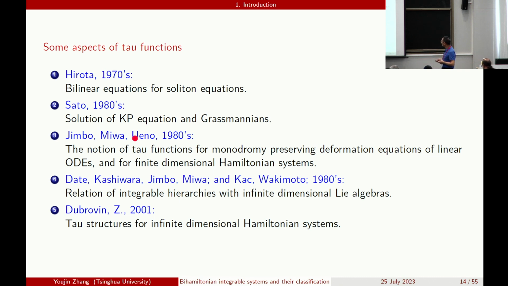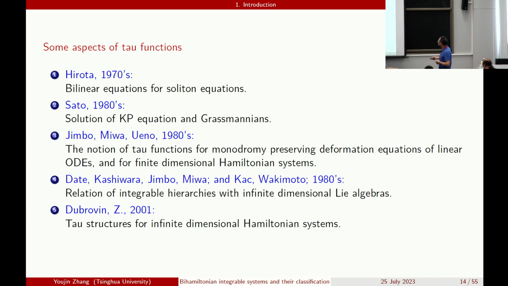The tau function also plays a very important role in our understanding of the relation of these soliton equations with the representation theory of affine Lie algebras. Later, Dubrovin and I used what we call tau structures to study these infinite dimensional Hamiltonian structures, including the bi-Hamiltonian structures that we are talking about.